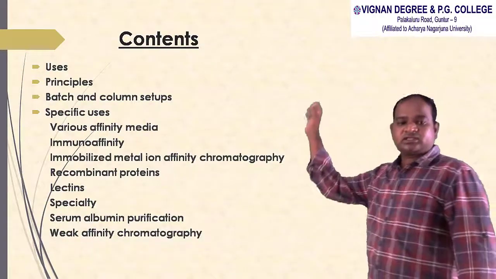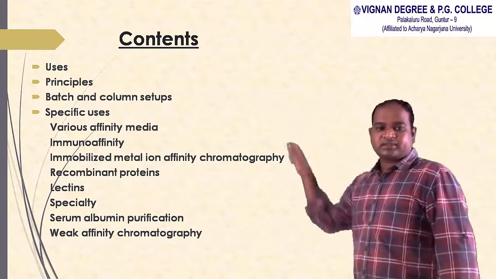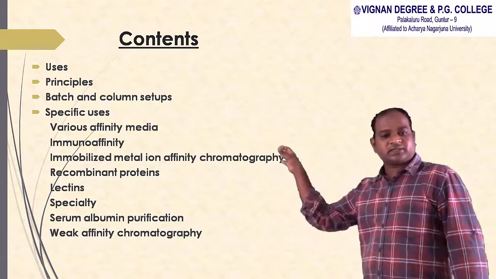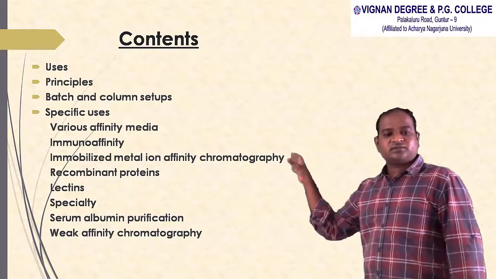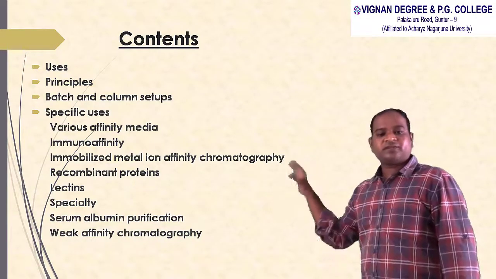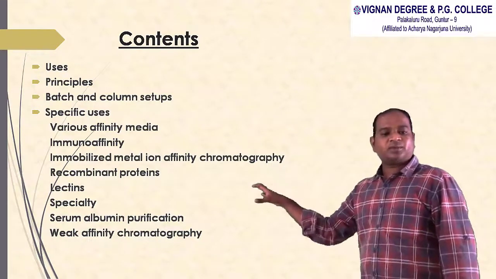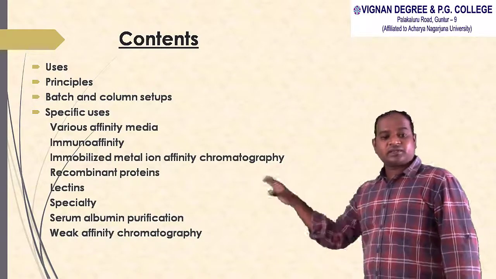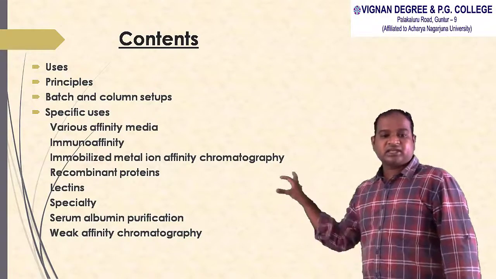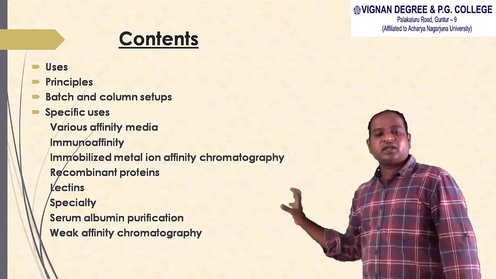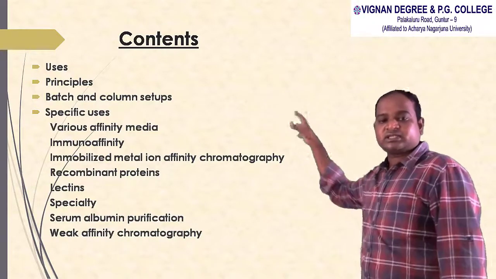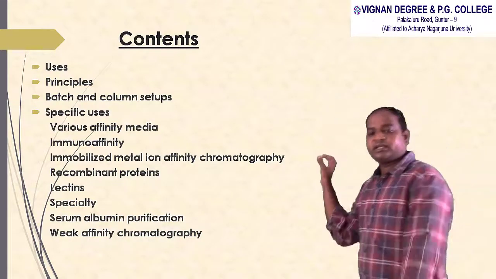Under this, there are different contents: first, uses, principles, batch and column setups, specific uses, various affinity media, immunoaffinity, immobilized metal ion affinity chromatography, how affinity chromatography is applied for recombinant proteins, for lectins, the specialty of this technique, serum albumin purification, and weak affinity chromatography. These are all the contents we are going to discuss in this technique.